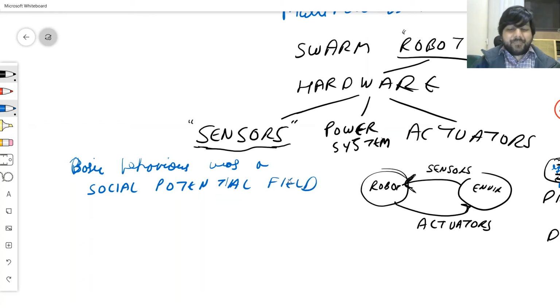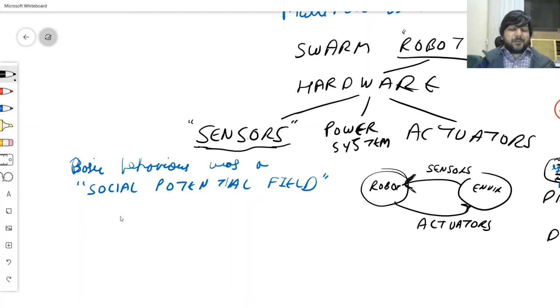And because I'll derive all the behaviors that I'll be discussing based on the social potential field only, all my sensors will just enable me to display the social potential field. As long as I can have the social potential field, I'm happy with that.